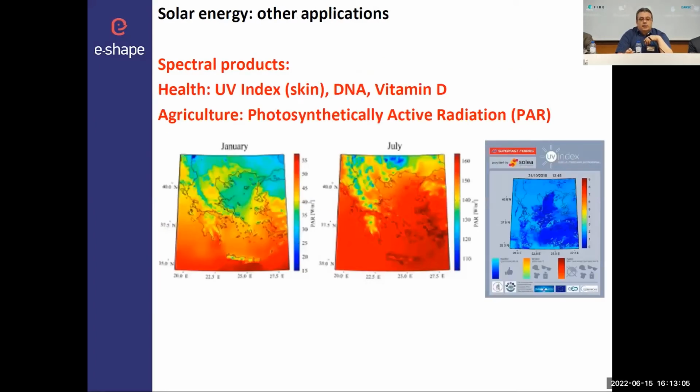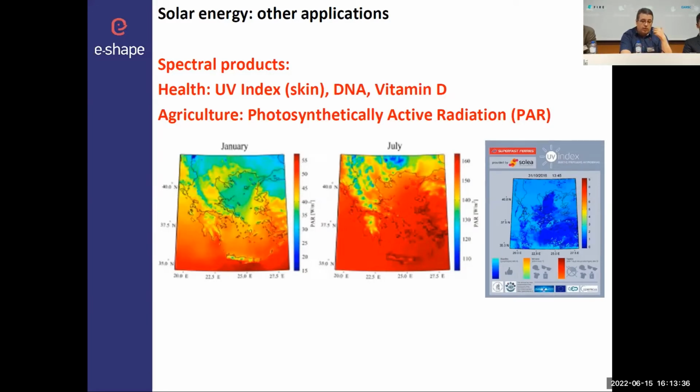And since we actually produce spectra with our system and not only integrated quantities regarding solar energy, we can also give some more quantities related to health and agriculture. For example, the UV index is a metric of the ability of ultraviolet radiation to induce erythema on human skin.